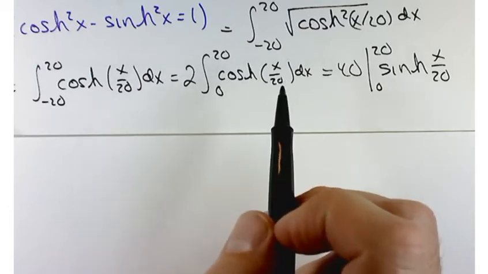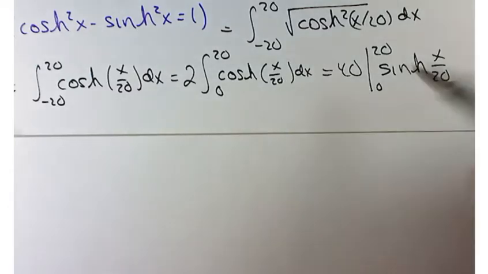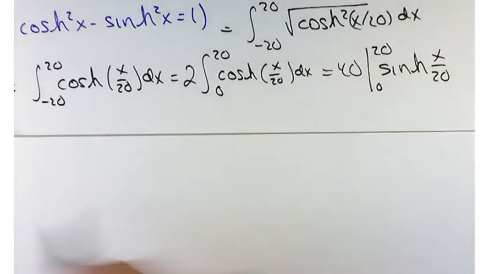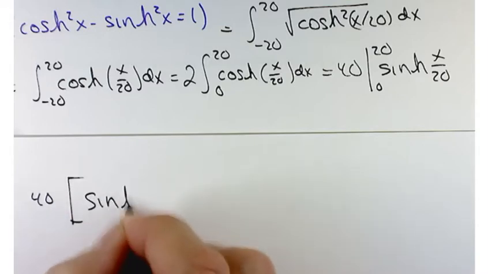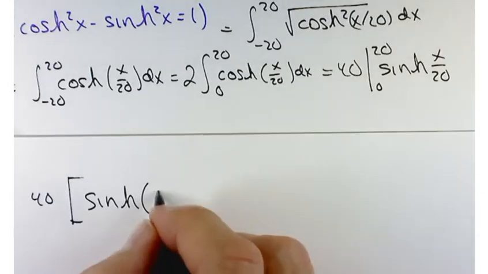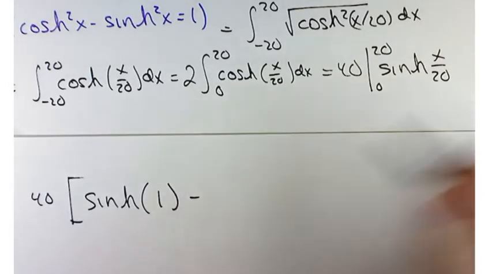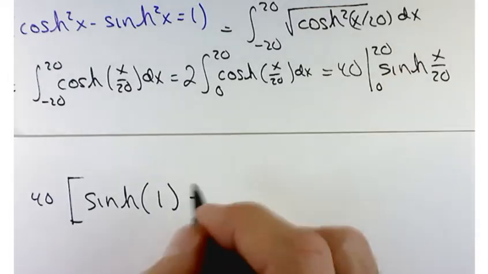Slow it down and do a u substitution. Either way, you're going to end up here. We're going to want 40 times hyperbolic sine of 20 over 20, which is hyperbolic sine of 1, minus the hyperbolic sine of 0.